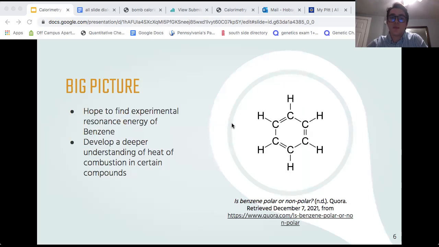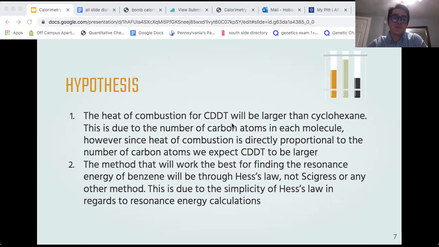Our big picture goal is to understand the resonance energy of benzene through experimental and theoretical methods. Using a bomb calorimeter is our method of doing this. Hopefully, once we understand this value, we can understand how companies and industries use benzene to produce products.